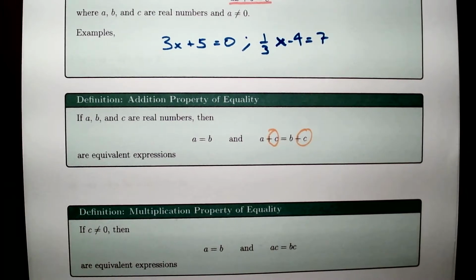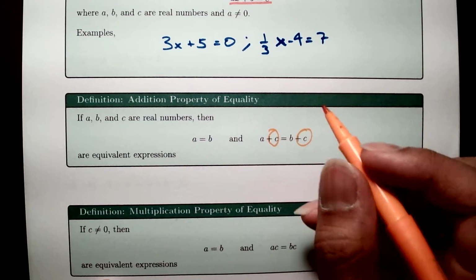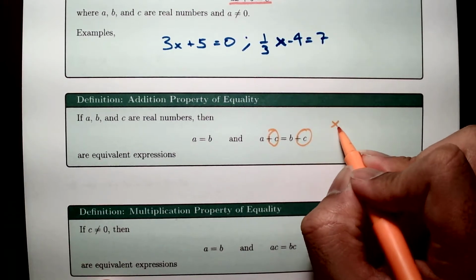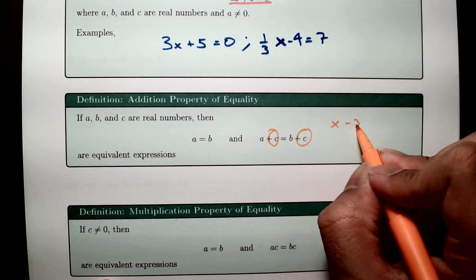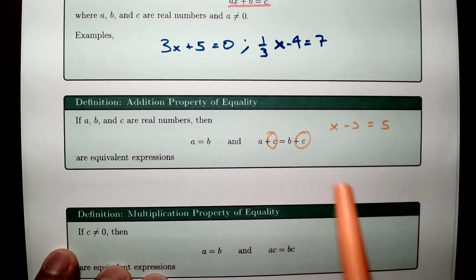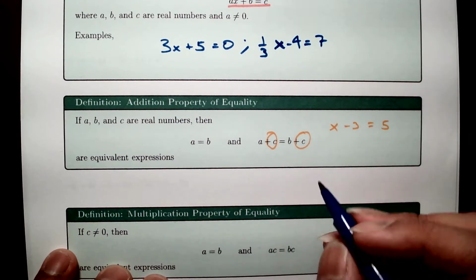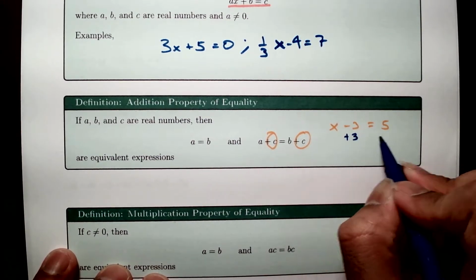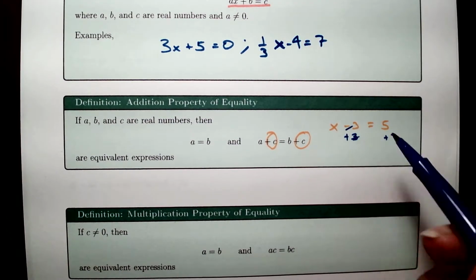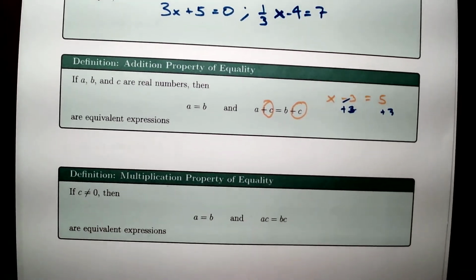Right now, this looks like all symbols, so let me give you one example. If we have x minus 3 equals 5, we are going to add a number c to get the x isolated. For example, I need to add 3, and that way we can cancel. That's what we're going to use this property for.